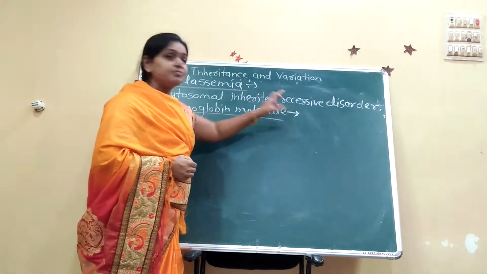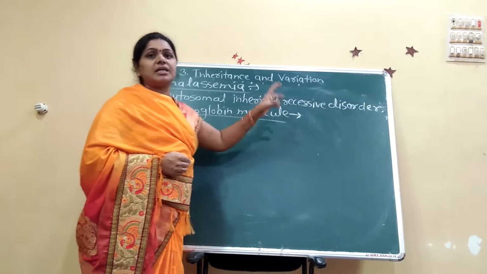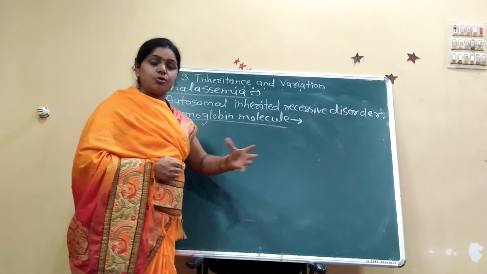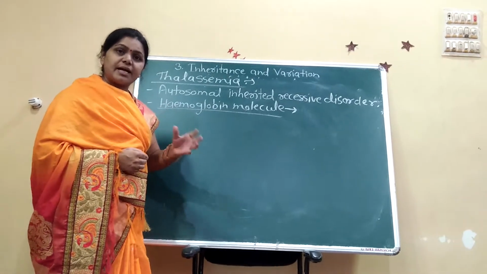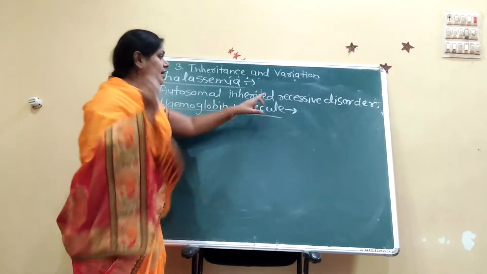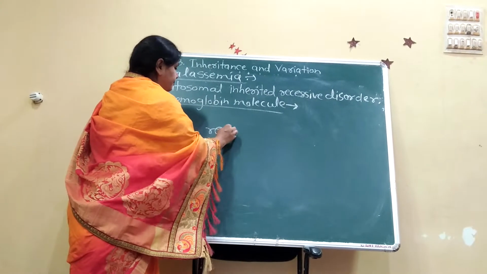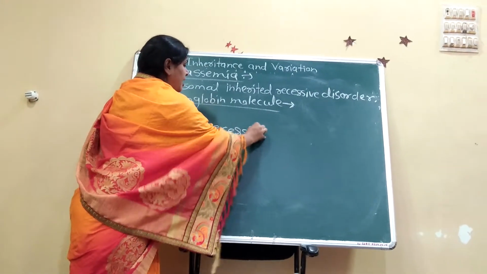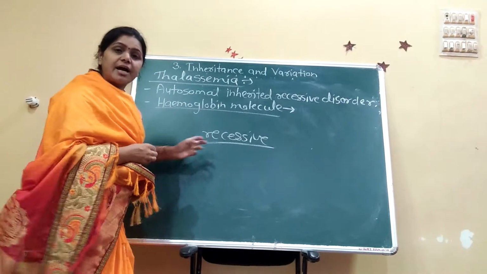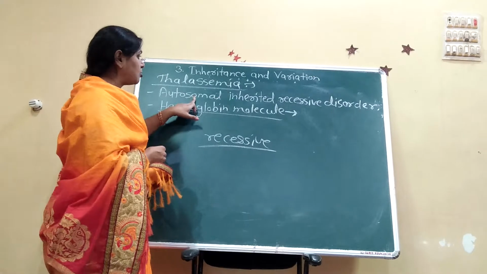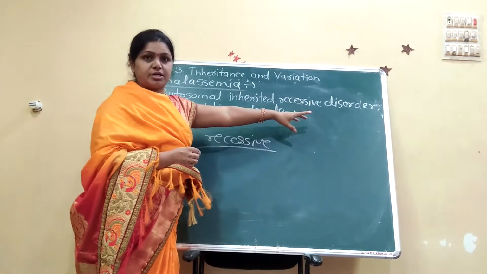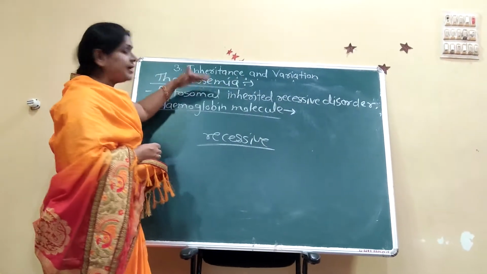And recessive means the disease is caused by the recessive allele, not the dominant allele. The normal allele is dominant, and the recessive allele which gets defective causes the disease. That condition is the autosomal recessive disorder. It is one of the Mendelian disorders.